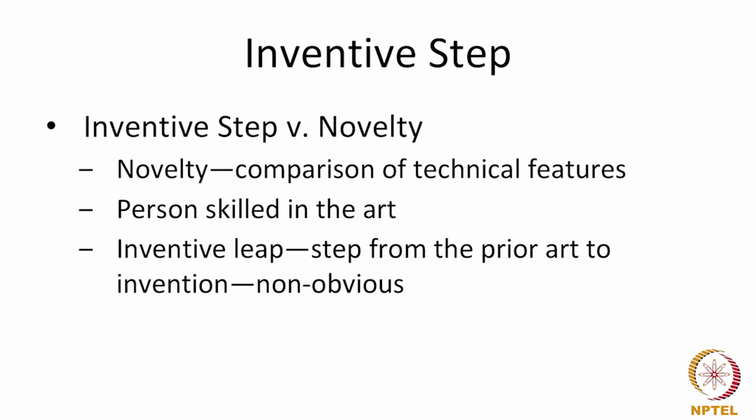So, there is a problem, and to solve the problem, you can attribute to the person skilled in the art in a particular field of technology various courses or recourse to various steps, and all those steps, even if they result in something that could be claimed as an invention, will still not satisfy the requirement of an inventive step, because those steps the person skilled in the art would have anyway taken if he was faced with a problem. So, anything that would be done ordinarily by a person skilled in the art will not be regarded as constituting or contributing to the inventive step.